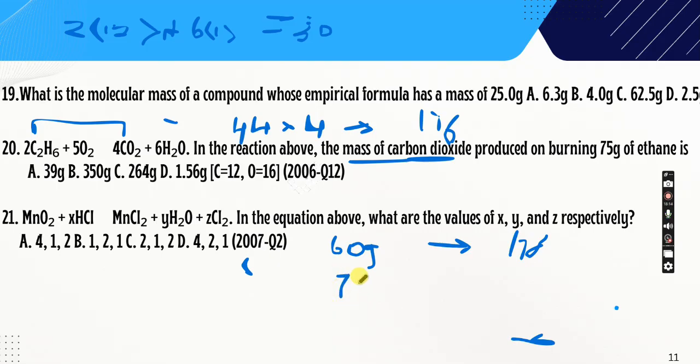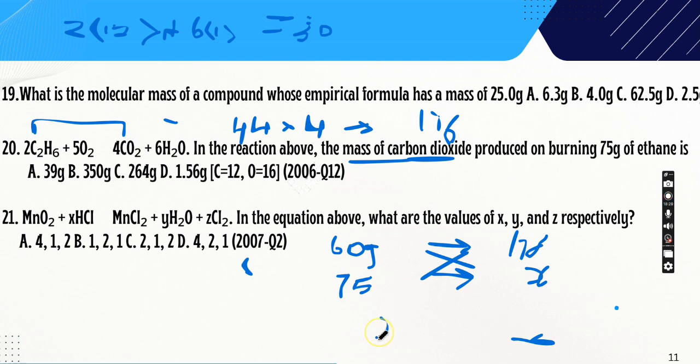Definitely 75 grams, we produce X, and we are going to cross multiply here.